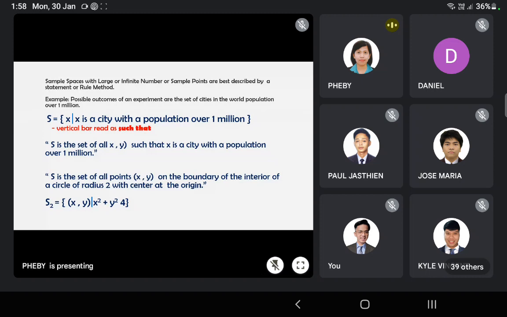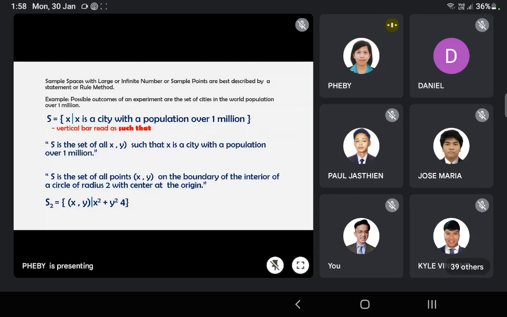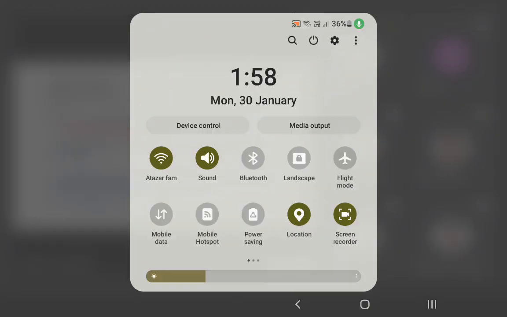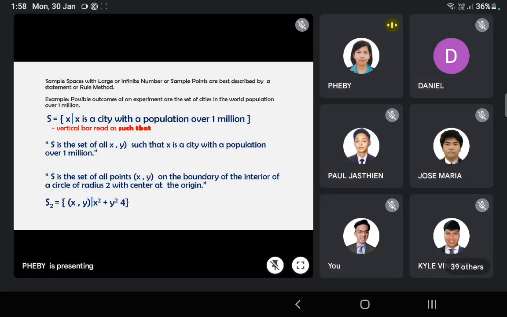So, what does it say? S is the set of all X such that X is a city with a population over 1 million.